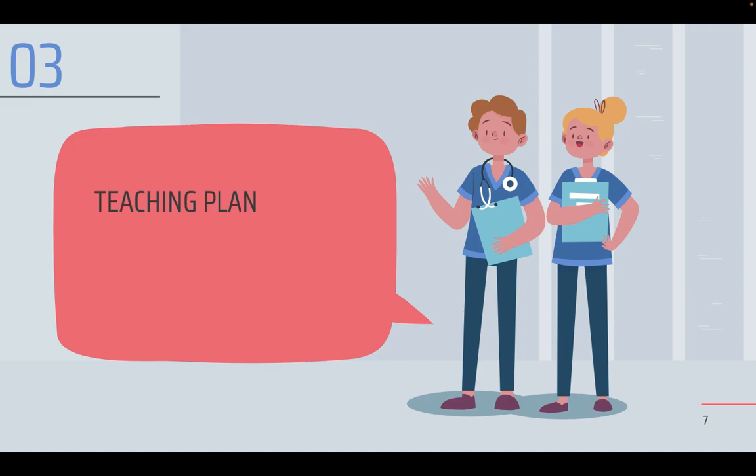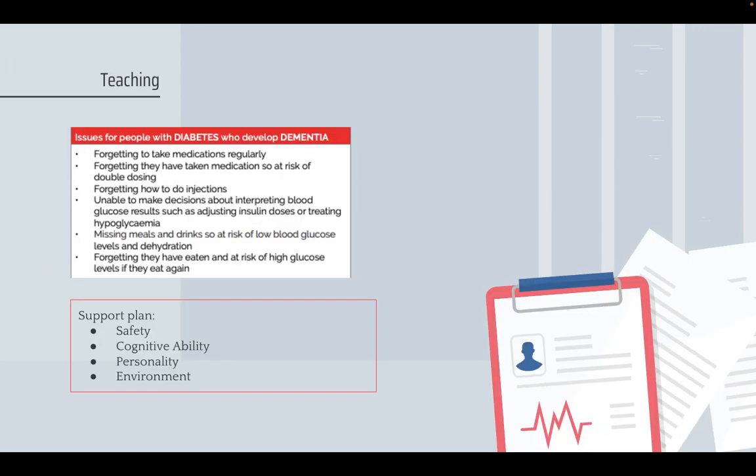For my teaching plan, I really wanted to focus on managing type 2 diabetes with dementia. First off, I would want to educate my client on issues for people with previous type 2 diabetes who develop dementia.